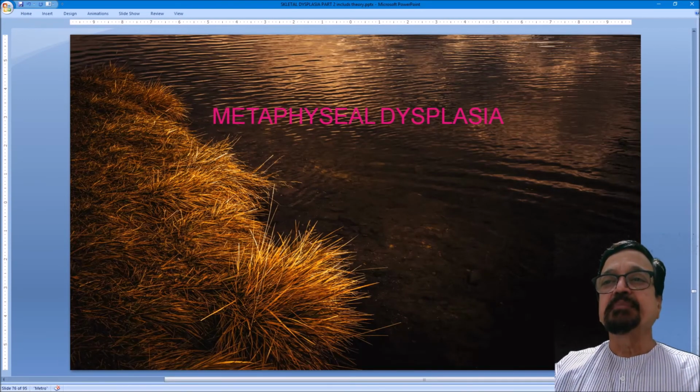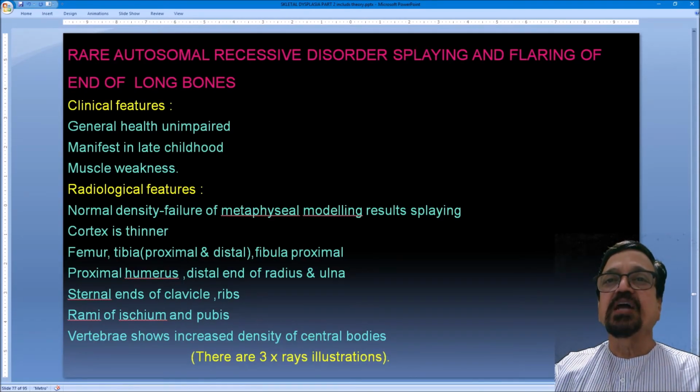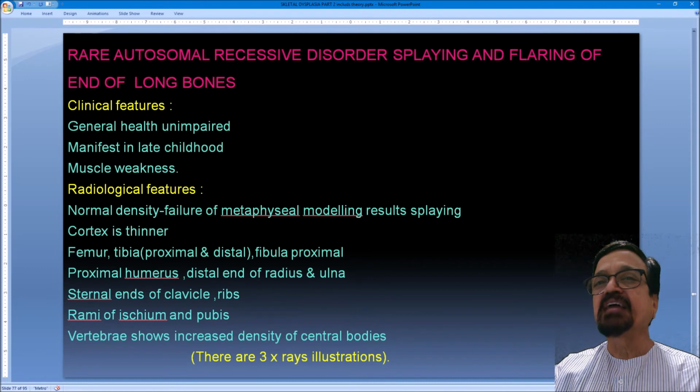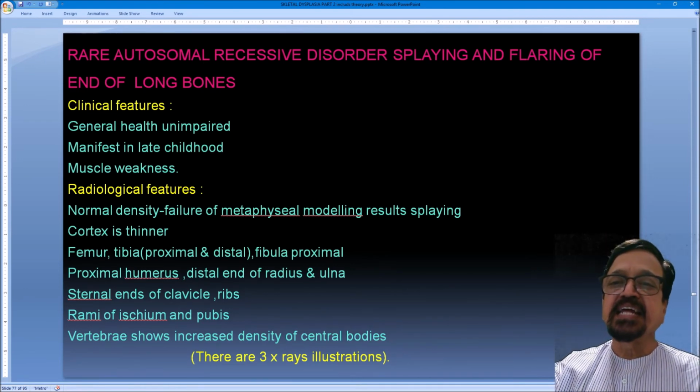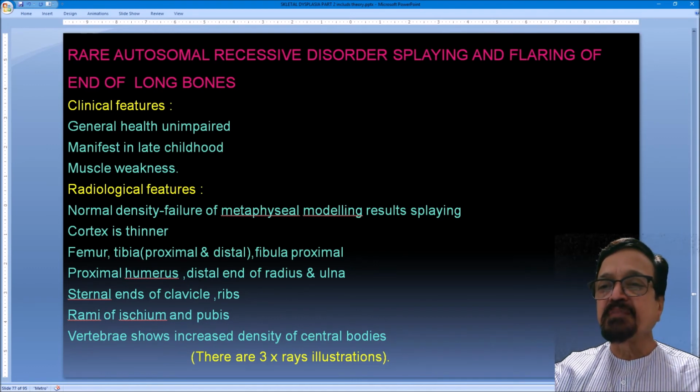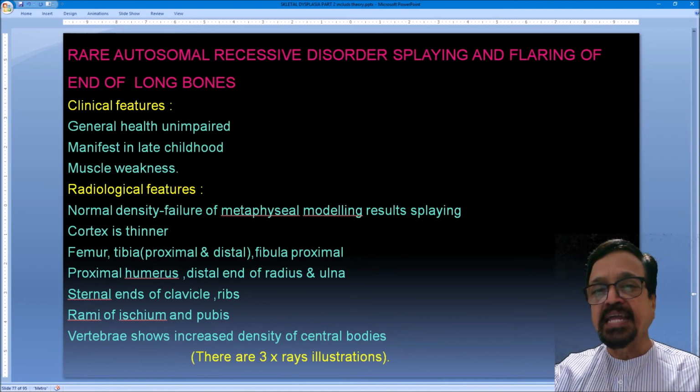Now let us come to the metaphyseal dysplasias. These are rare autosomal recessive disorders causing splaying and flaring of the ends of the long bones. What are the clinical features? General health is unimpaired, they manifest in late childhood, and muscles are weakened. Radiological features include normal density and failure of metaphyseal modeling resulting in splaying.